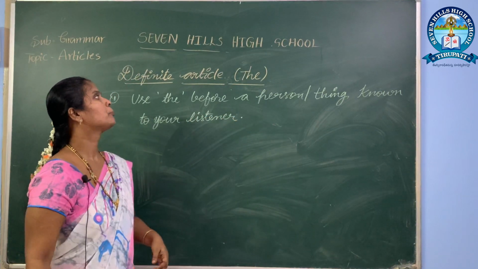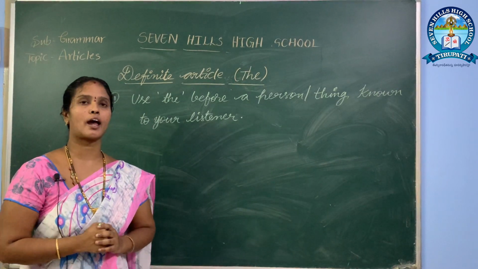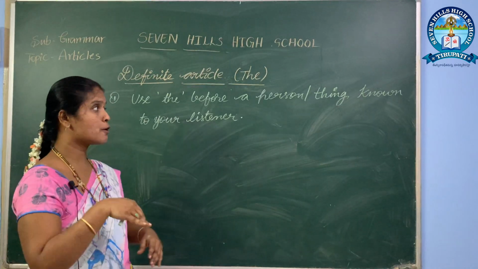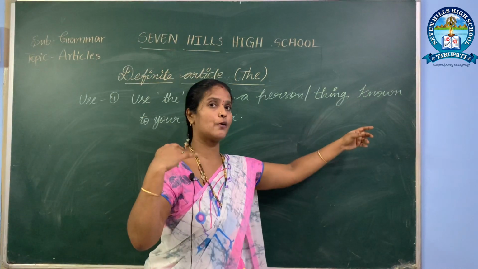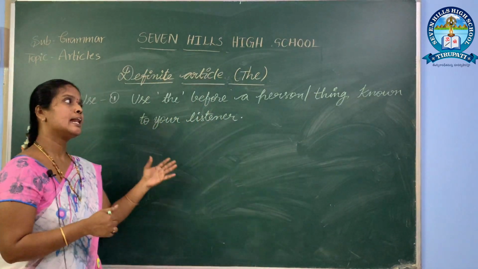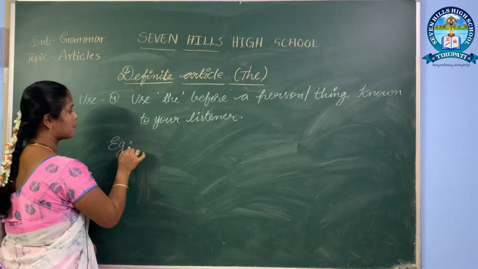See, in the previous class, while we were discussing a or an, we used a or an before things unknown to your listener. But I am talking about known things here. Let me take the same example we will discuss today.